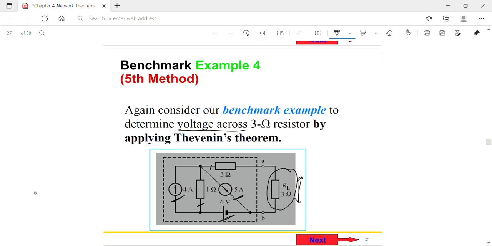Using the 4 ampere, 5 ampere, and 6 volt sources, we calculate the equivalent voltage, that is Thevenin's voltage, and using the 1 ohm and 2 ohm resistors, we calculate the Thevenin's resistance. So let's see how we do that.